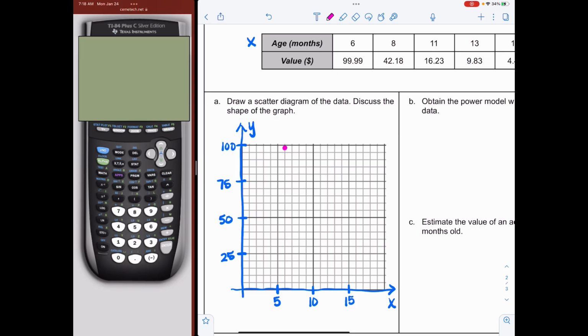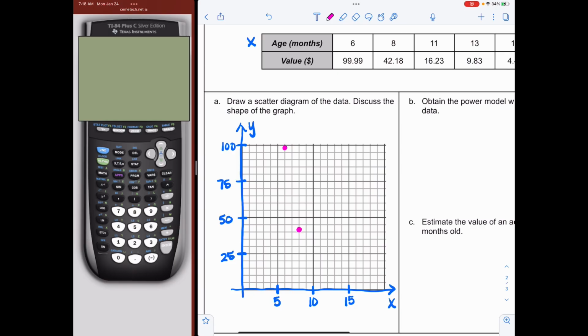So I go to 8, and then I go up to, I got 25, 30, 35, 40, 45, 50. So I'm going by fives on the y-axis for each individual one. So if I go 25, 30, 35, 40, so 42.18 is somewhere in here.